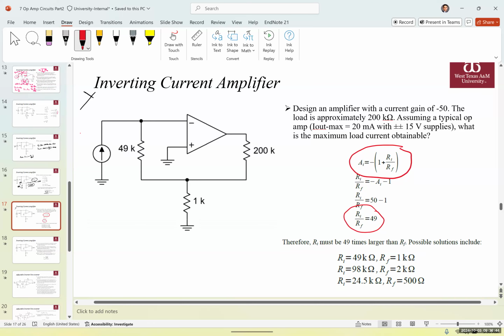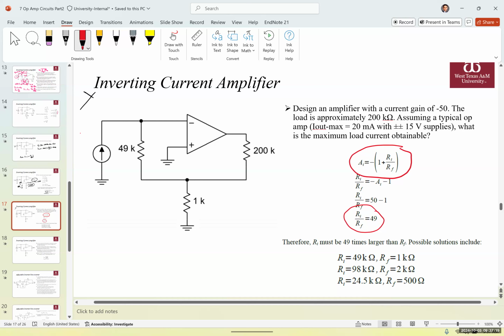We can have different possible combinations of resistors. Ri could be 4.9K and Rf 100 ohms, Ri could be 49K and Rf 1K, Ri could be 98K and Rf 2K, or Ri could be 24.5K and Rf 500 ohms. So there are a lot of different combinations as long as we have the 49 to 1 ratio.